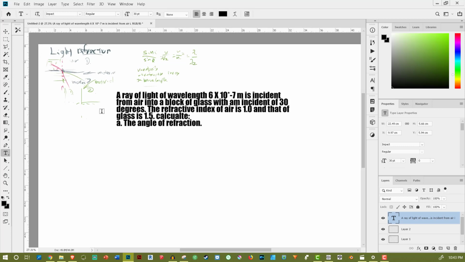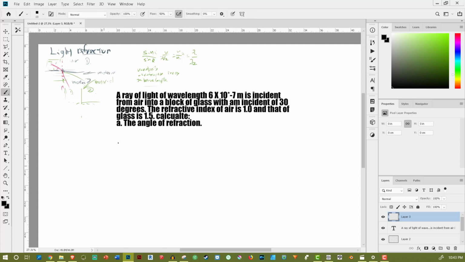So, the first thing to do in this situation is to simply draw it out. Here we go. Draw it out. So we know the ray coming from this side is at 30 degrees.